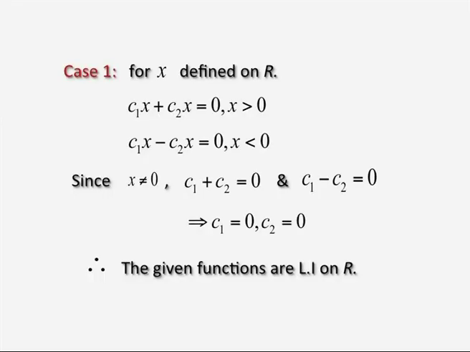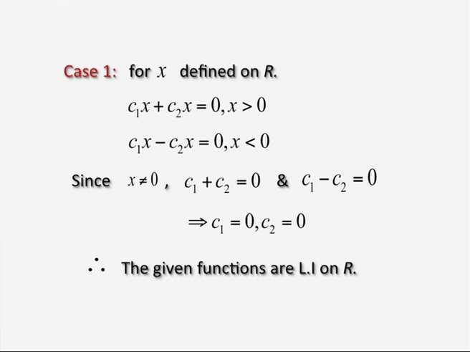That is, when x is defined on the interval R, that means for all x belongs to R, then that equation becomes C1x plus C2 modulus x is equal to C1x plus C2x is equal to 0 when x is greater than 0. For x less than 0, C1x plus C2 modulus x is equal to C1x minus C2x is equal to 0.